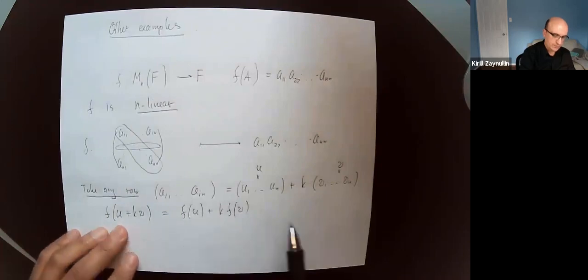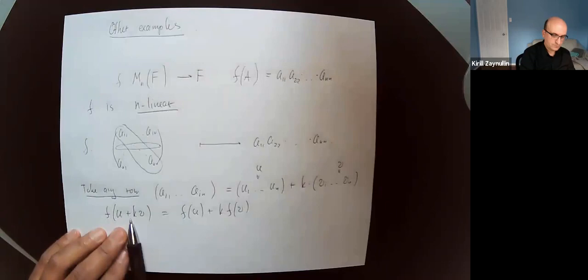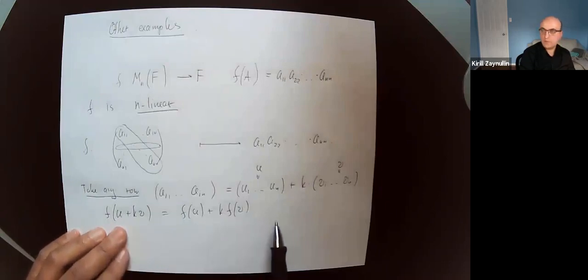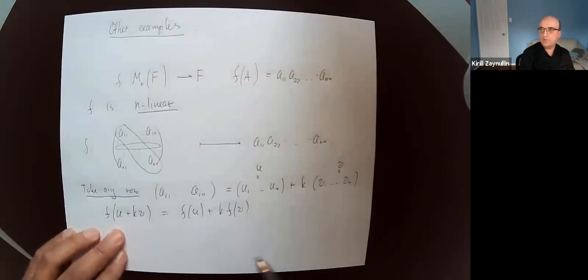So what will happen with our matrix if we substitute like this, like in the previous proof?